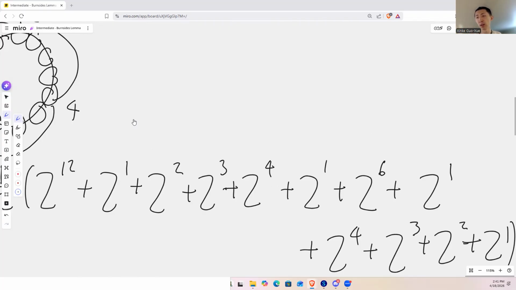So I'll let you compute what this is. It turns out it's 352.